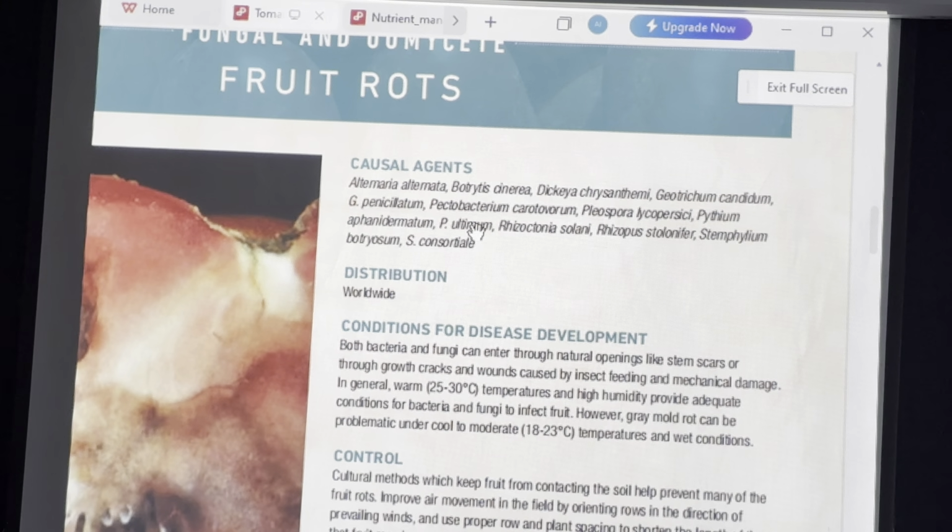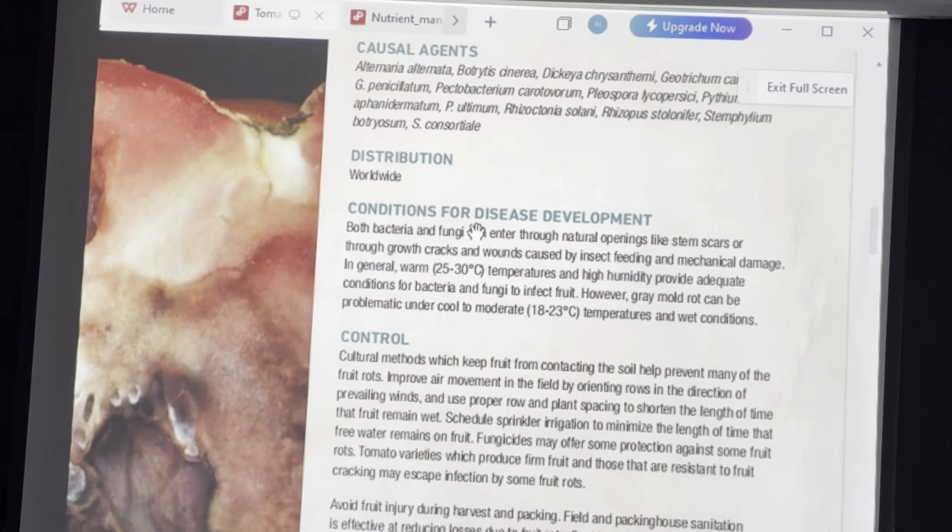For control, keeping the fruits from touching the soil can prevent fruit rot. We know that most bacteria and fungi are mostly found in contaminated soils. So by making sure that your fruits don't touch the soil, you can prevent diseases like fruit rot.